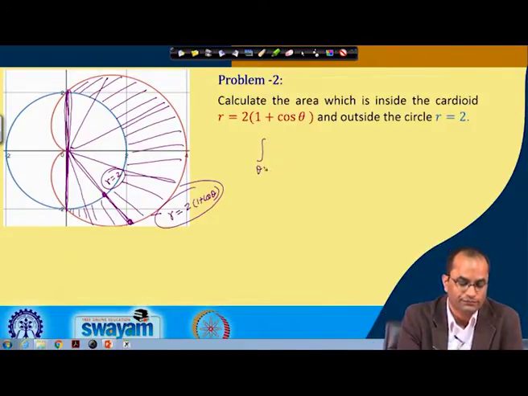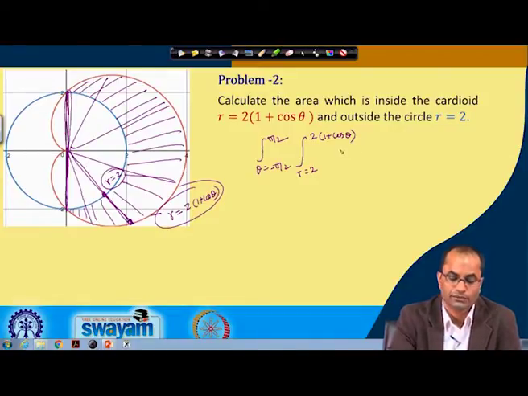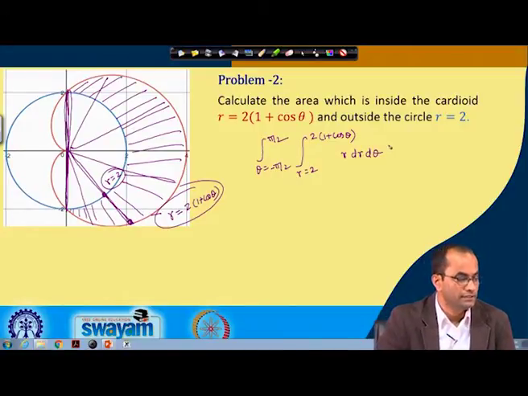So, theta varies from minus pi by 2 to pi by 2, and then for r from 2 to 2 times 1 plus cos theta, and then for the area, our integrand is going to be 1, and then we have r dr d theta.